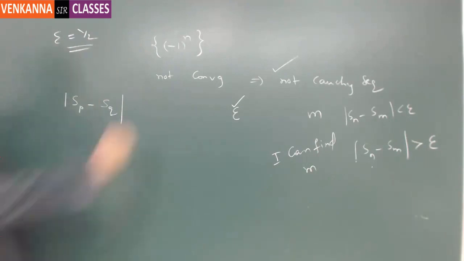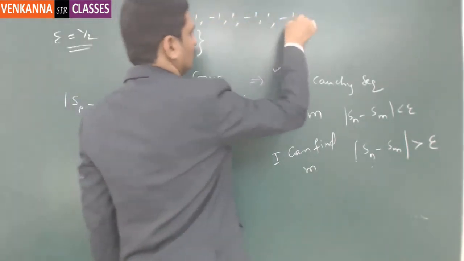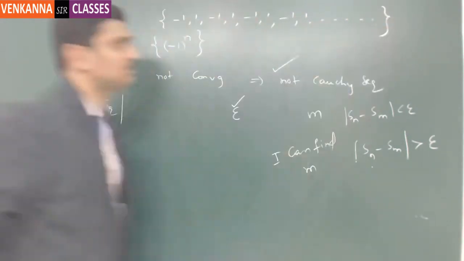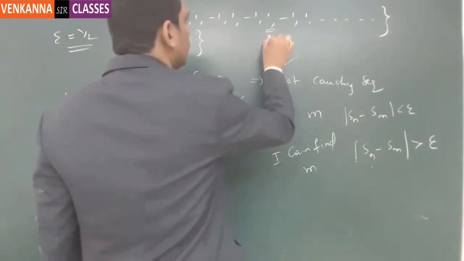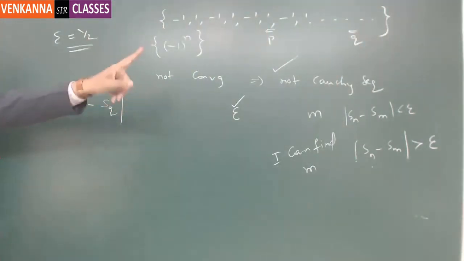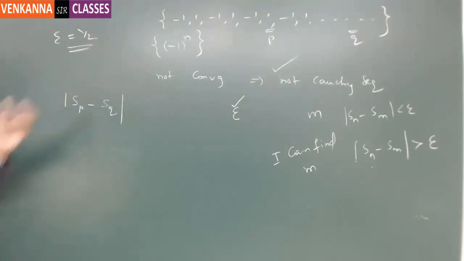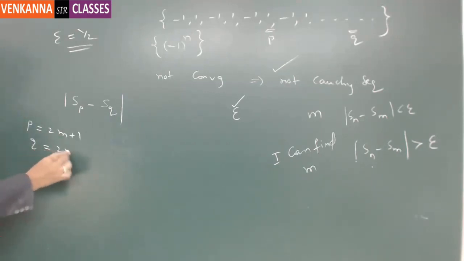If I write the sequence, you can take any P, any Q. Suppose this is P and this is Q. You can choose any two terms in that. So for an idea, I am taking P and Q as one even number, one odd number, say P is equal to 2m plus 1 and Q is equal to 2m. I am taking the two successive ones.